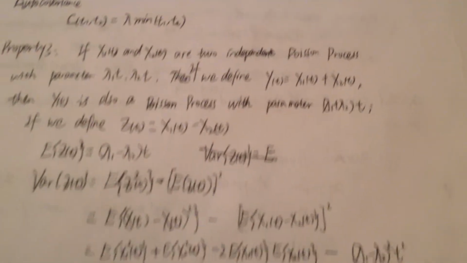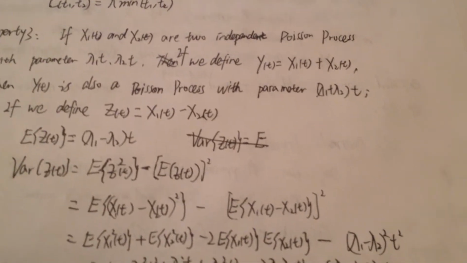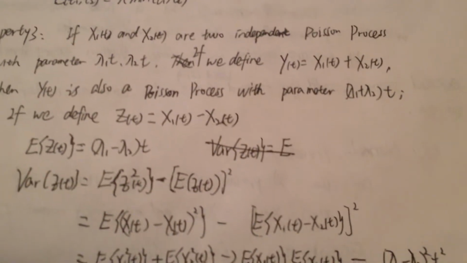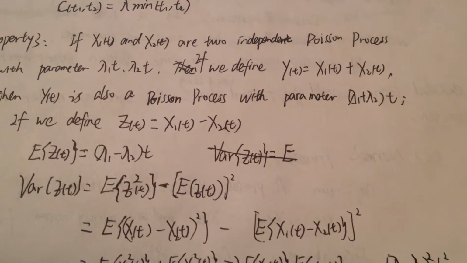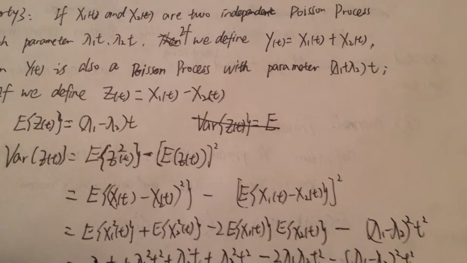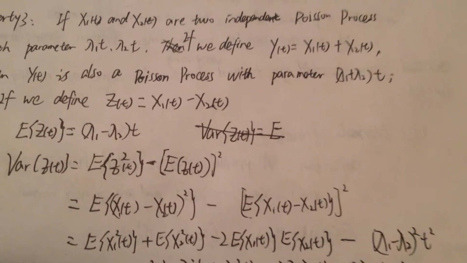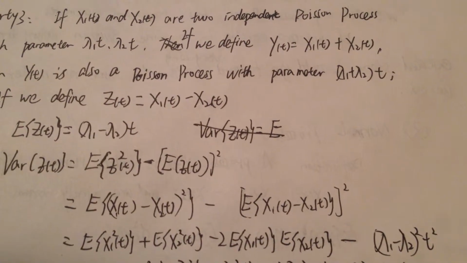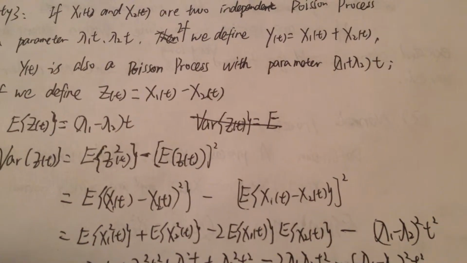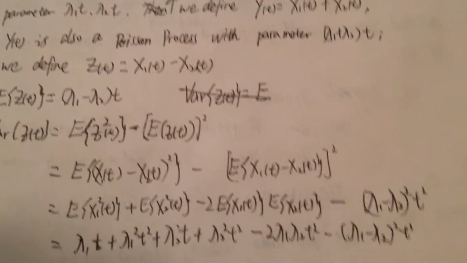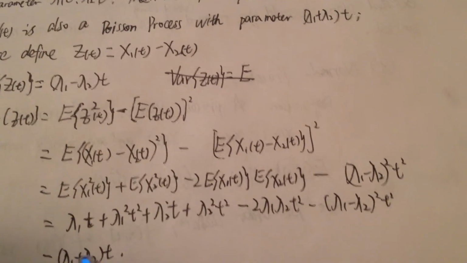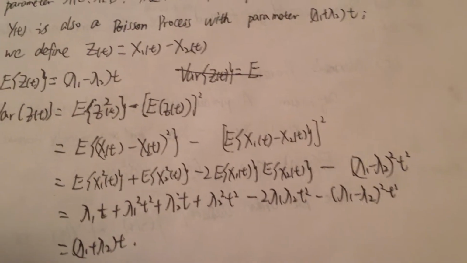About the variance of Z(t), according to the definition, it equals the second moment of Z(t) minus the square of the expected value of Z(t). That is, the expected value of (X1(t) minus X2(t)) squared minus the square of the expected value of X1(t) minus X2(t). Expanding this formula, we get lambda 1 t plus lambda 2 t.